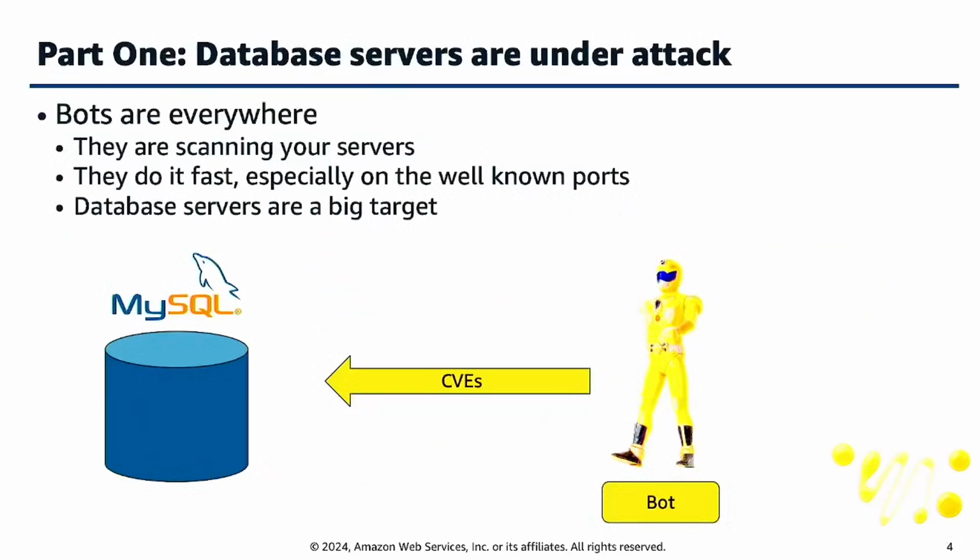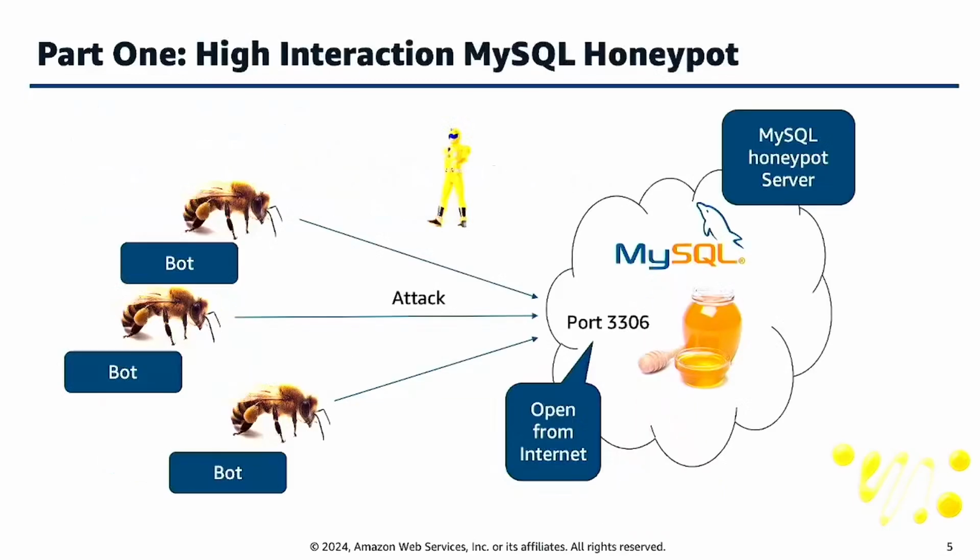If you don't know, bots are everywhere, and they're scanning your database servers. Database servers are really under attack, especially if they are running on a well-known port. So database servers are a big target. Here is our MySQL honeypot server. We start a MySQL server and open it to the public internet.